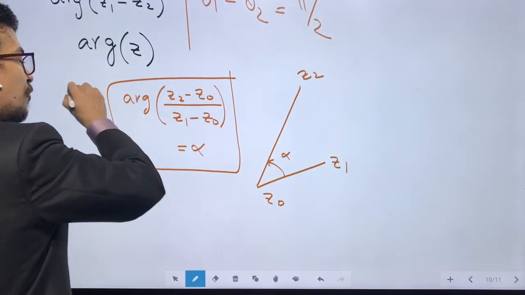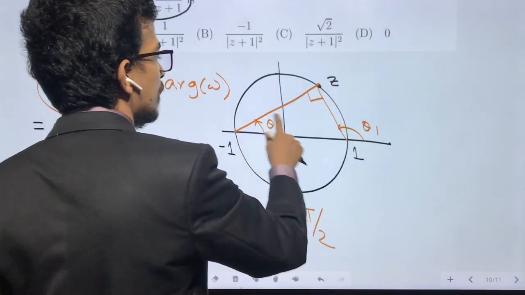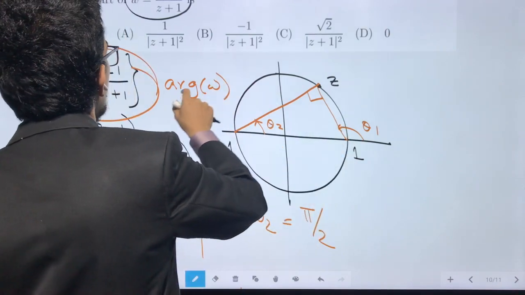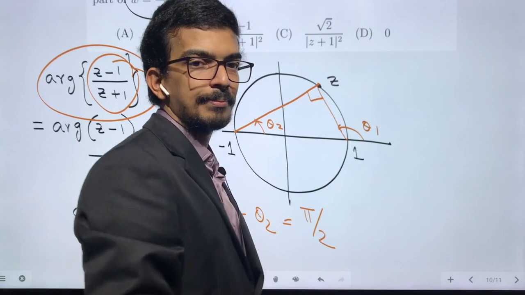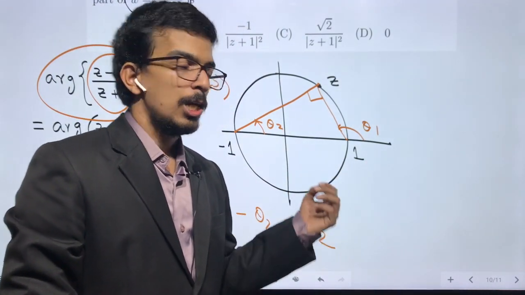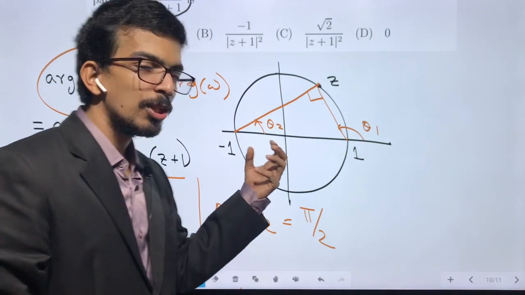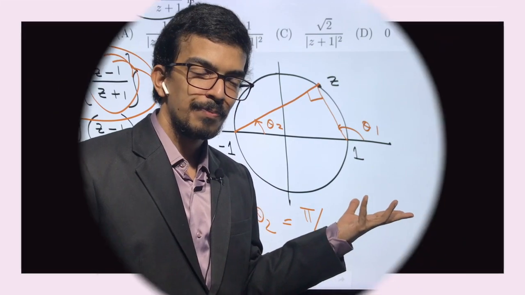So if you know this result, by directly drawing this figure, you can figure out that the argument of this quantity is nothing but pi by 2. Or if you take z here, it is minus pi by 2. So if you know the geometry part well, use this method, you can do it in 10 seconds.